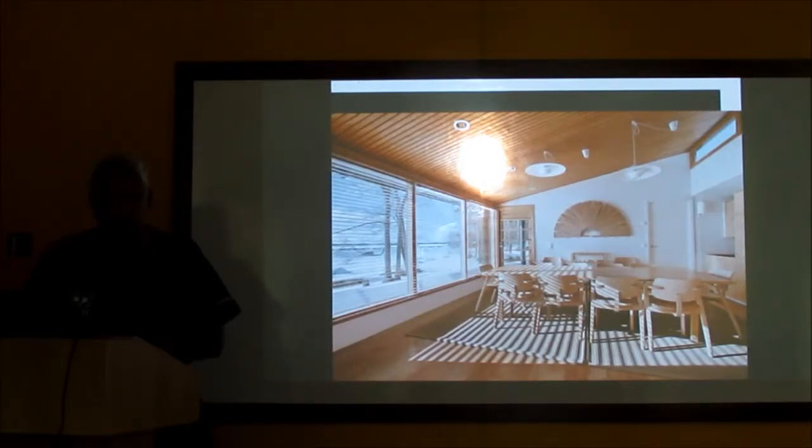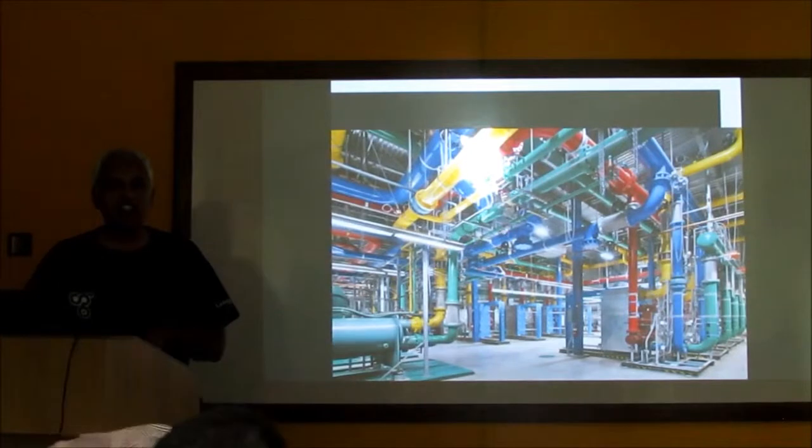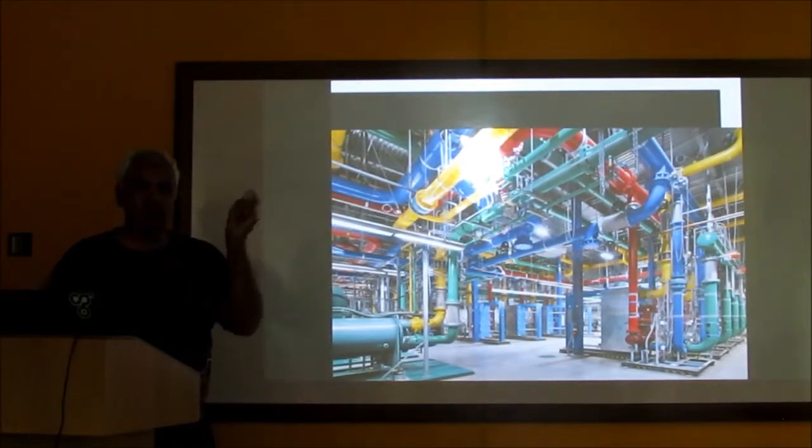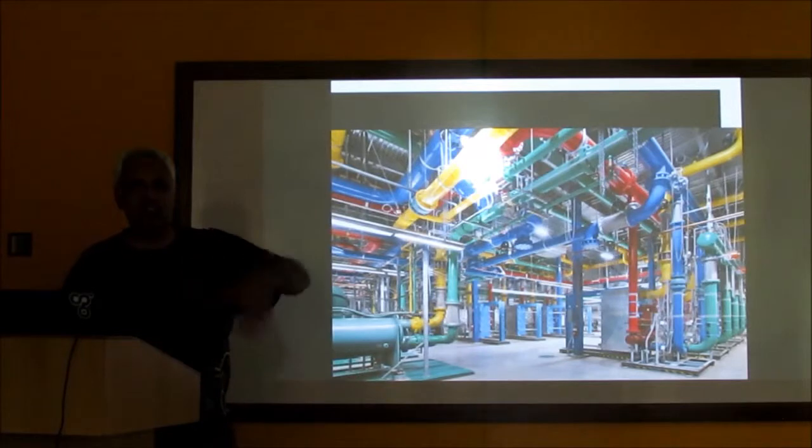Actually, in one of the data centers, I believe in Finland somewhere, they power a sauna room from the heat generated by the servers. There's one in Greenland somewhere where they take the water from the ocean and cool it off. Before they let it back in the ocean, they again mix it with some cold water so that they're not disrupting the temperature of the ocean.